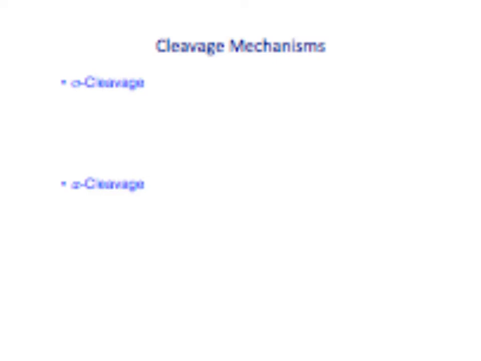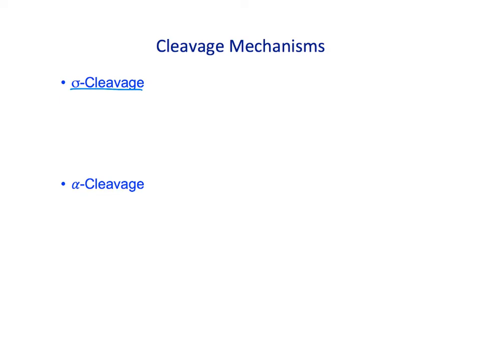Okay, so let's look at fragmentation, or, well, we're not going to really look at mechanisms here. We're just going to look at some common cleavages, okay? One that I'm going to call a sigma cleavage just means that it's cleaving a sigma bond.